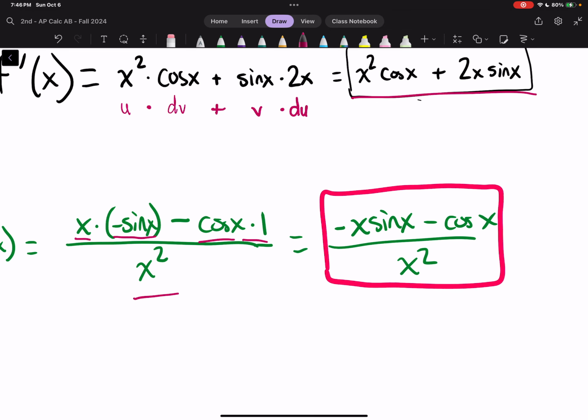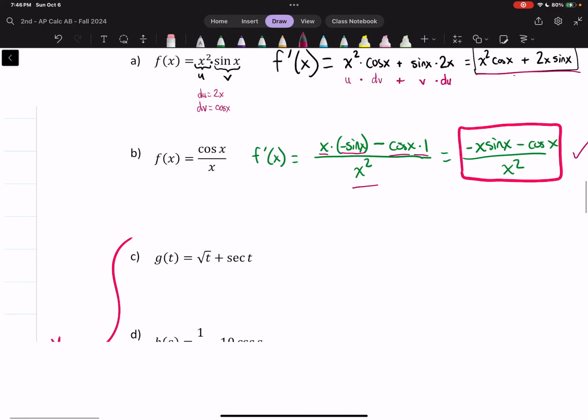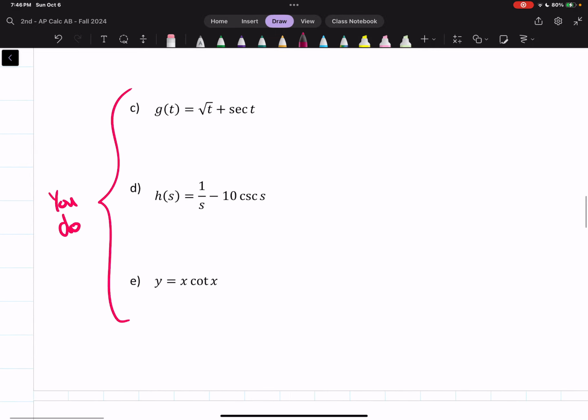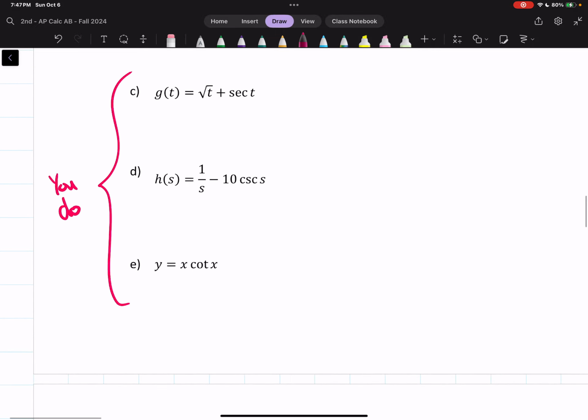All right, simplify what you can. Not a whole lot there. Leave it like this. Don't make it any more complicated than it needs to be. Okay, C, D, and E, you guys try yourselves. Use those rules that you already know in addition to the new trig rules.